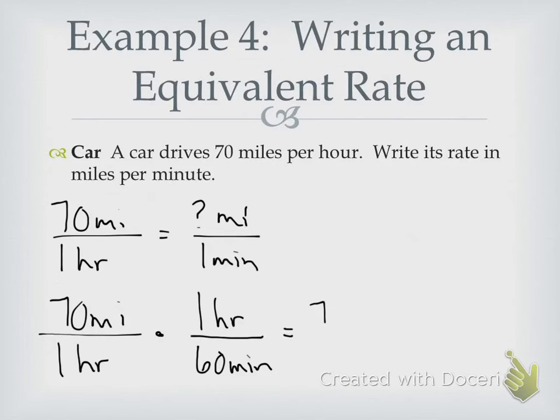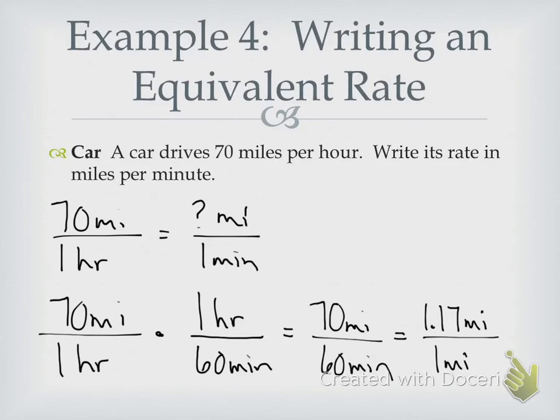This one's not going to work out nearly as nicely as the other one. 70 miles, I have to divide 70 divided by 60. It's not going to come out evenly, and that's okay. 70 divided by 60, we'll just round to the nearest hundredth, equals about 1.17 miles per minute.